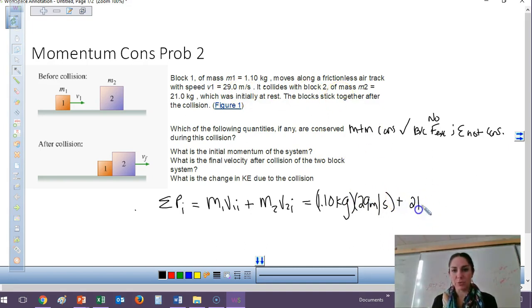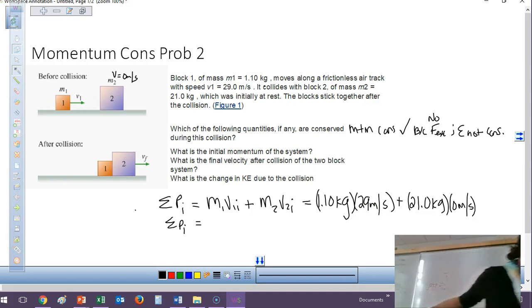So the mass is 21.0 kilograms times 0. The 0 comes from the fact that the block was originally at rest, so V is 0. Now a shortcut is to ignore this term because there's no velocity, but let's just be complete and carry it out. So the total initial momentum of the system will essentially just be this calculation.